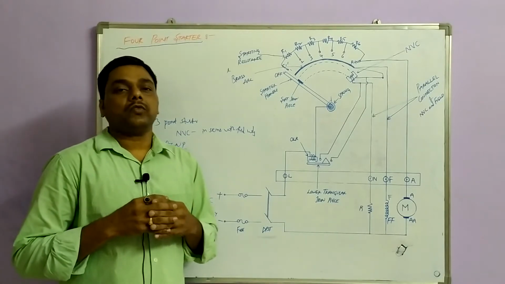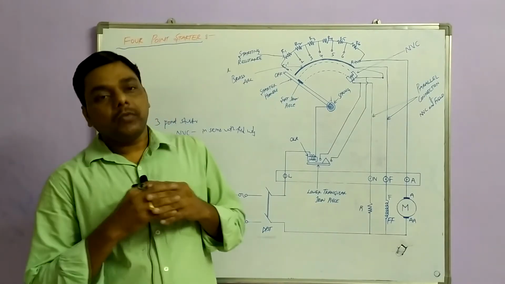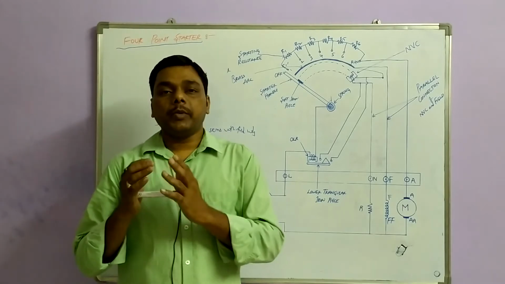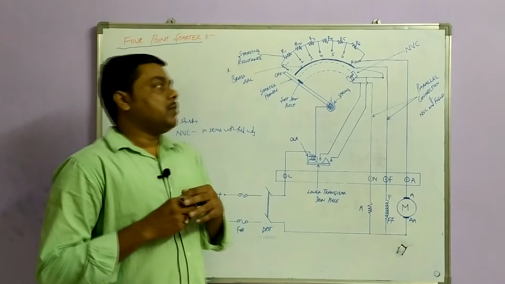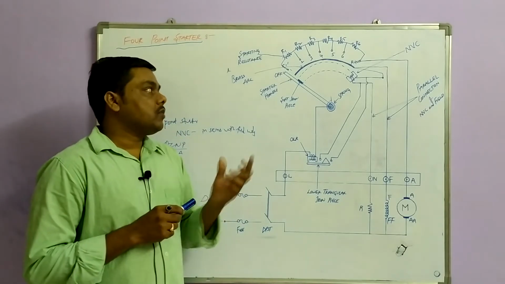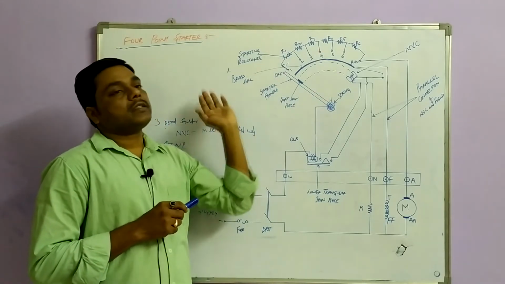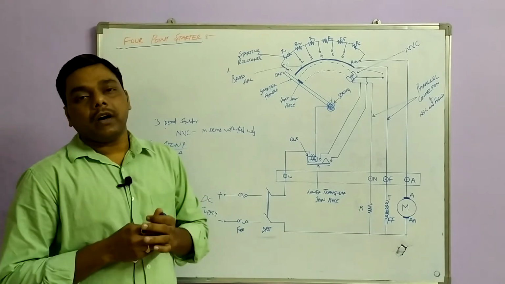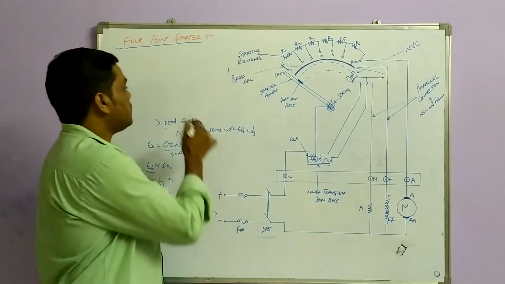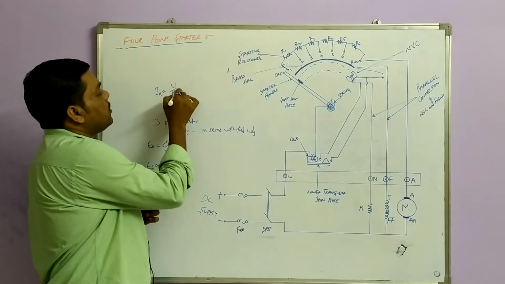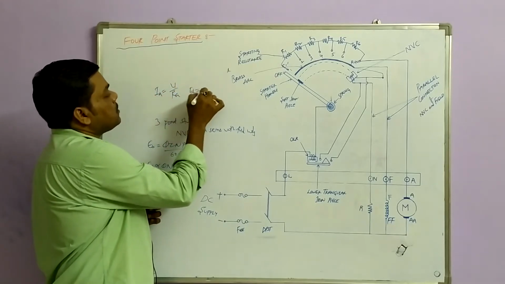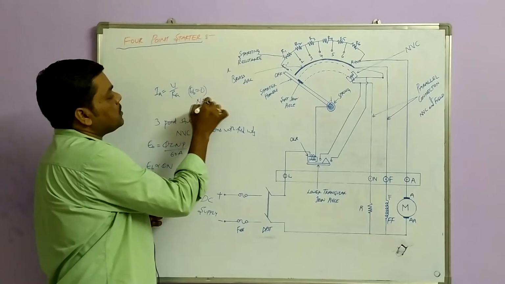We already discussed that the main function of the starter is to limit the starting current, and it does that by using an extra resistance in series with the armature. So the armature current is given by V by Ra when Eb is equal to 0, if speed is equal to 0.